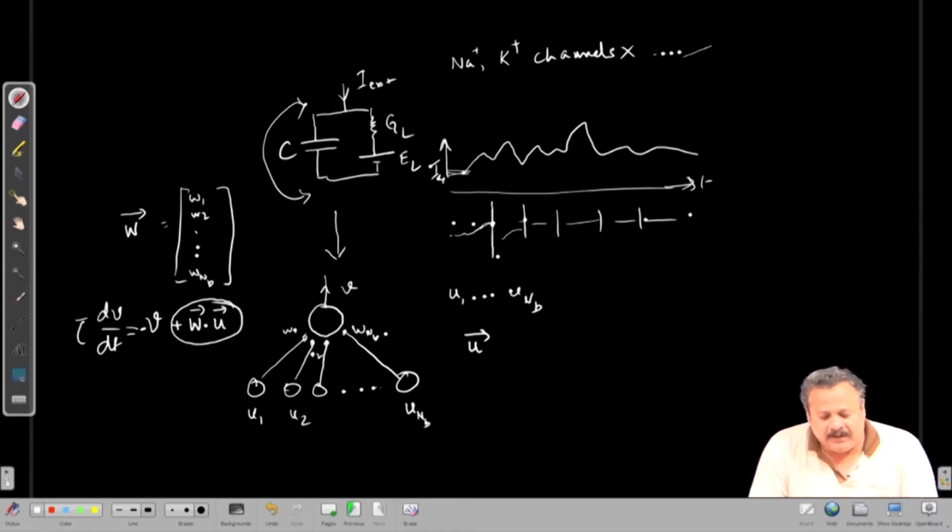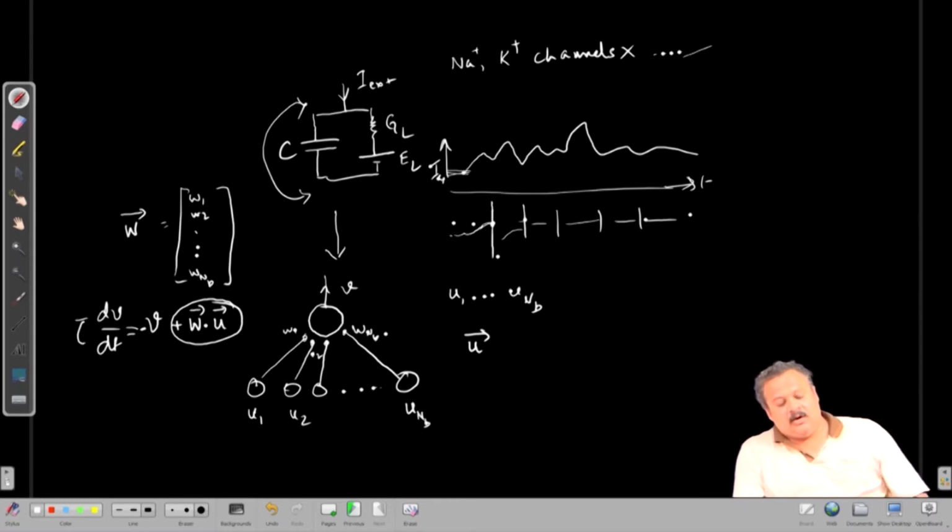So this simplification or conversion of the integrate and fire neuron can, with certain assumptions, be shown to be of this form when we consider rates as inputs and not spike timings or spike trains as inputs.